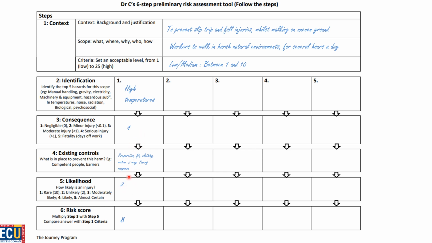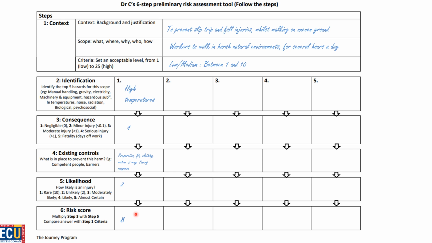Considering these controls, we've got a likelihood of 2. In other words, it's unlikely that an injury is going to happen. So we multiply 2 by 4 and we get an 8. And so our risk score is 8.